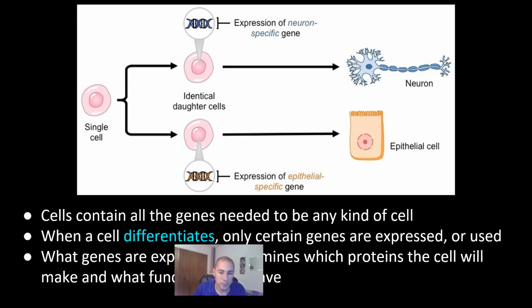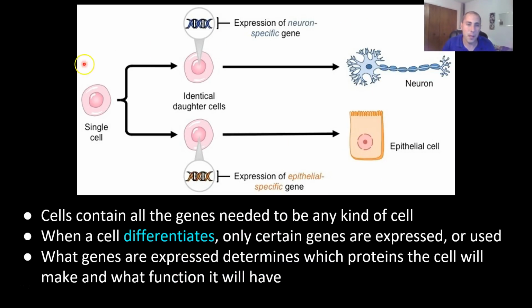So, let's go take a look here. Here I have my single cell. This is undifferentiated. All right, it's not become specialized yet. It can become any sort of cell. Different environmental cues, different cues by hormones, different cues within the DNA themselves will tell the cell what exactly to do.